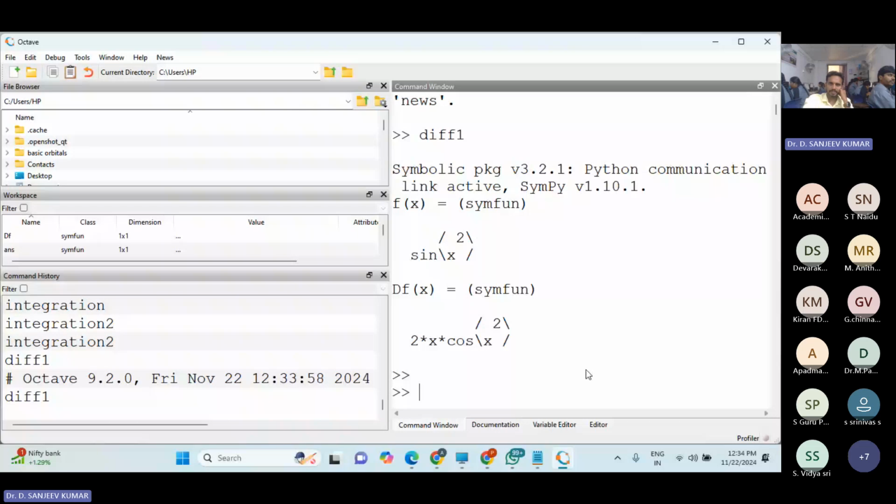The given function is sine x square, and the derivative of it is 2x cos x square. We use the substitution method for this. We call x square as y. So the derivative of sine y is cos y, and we have to differentiate that y, that is 2x, multiplied by cos x square.